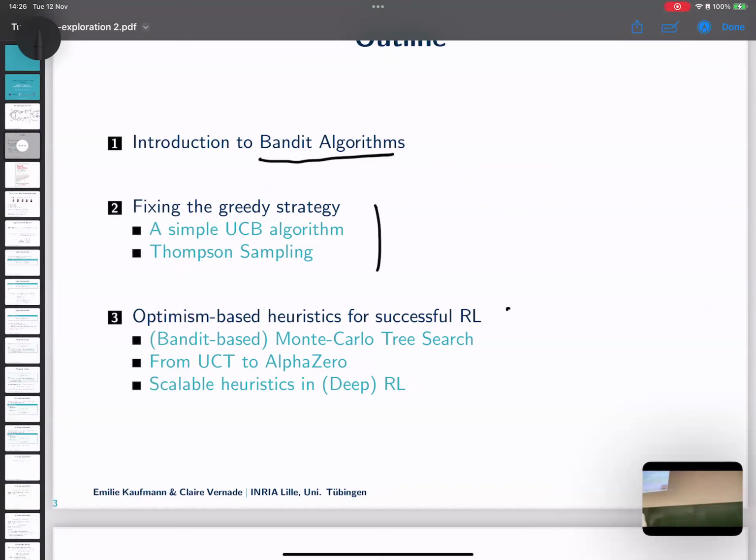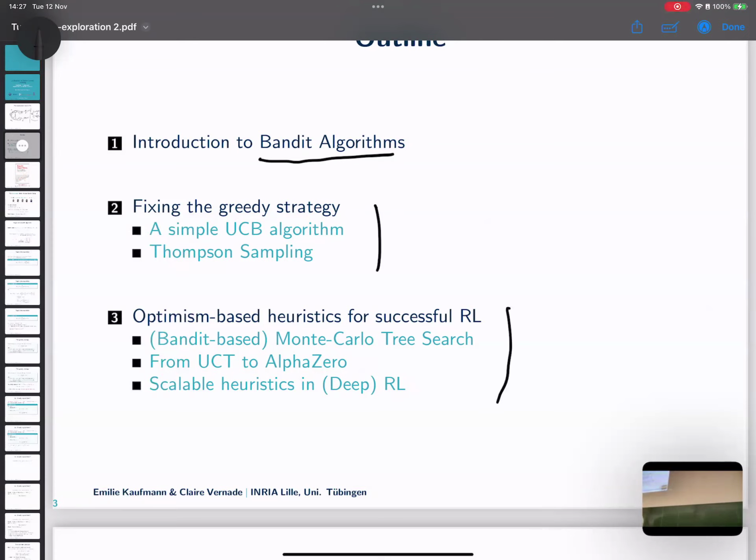Then in the second part of the class, perhaps the last half hour, roughly, we look at how we can use these principles, this optimism principle and this exploration principle, in reinforcement learning beyond bandit algorithms, because most problems out there are not bandit problems, though there are some out there that are interesting.